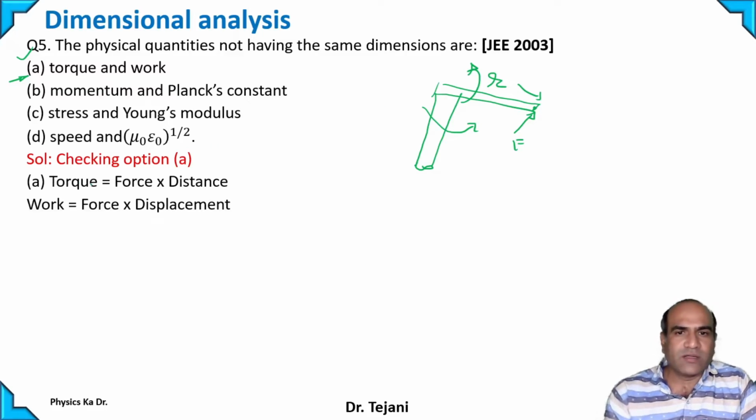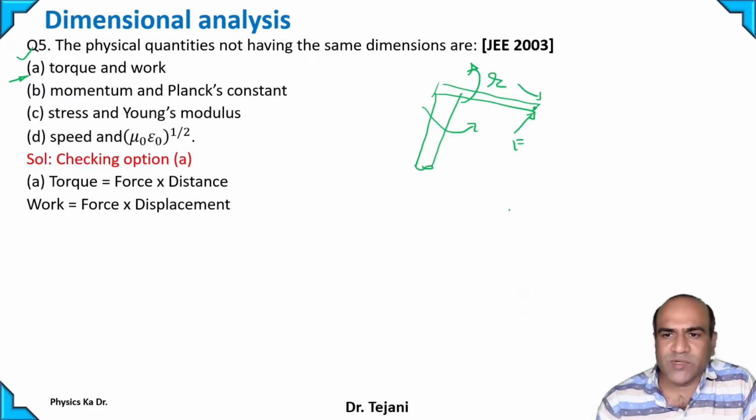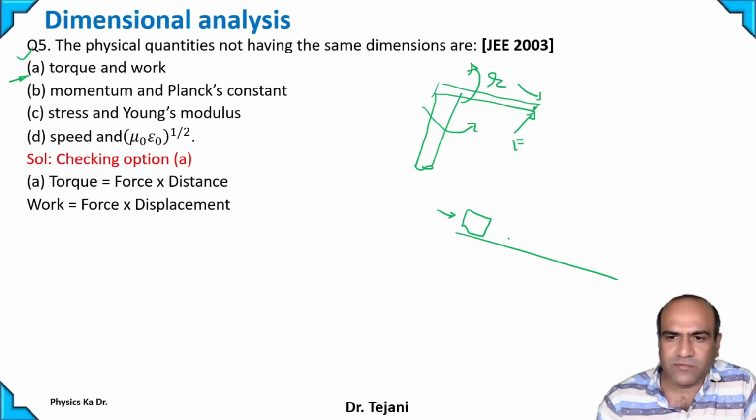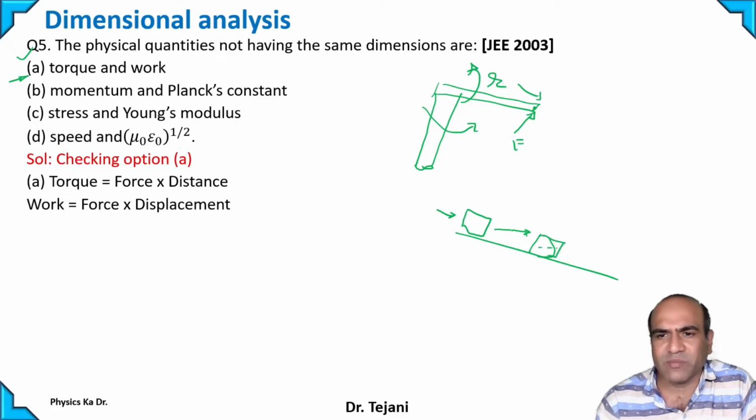And what is work? Force multiplied by displacement. Say for example, if we have some object and some force is applied, and because of that the object moves, there is no change in shape, the object moves, right?